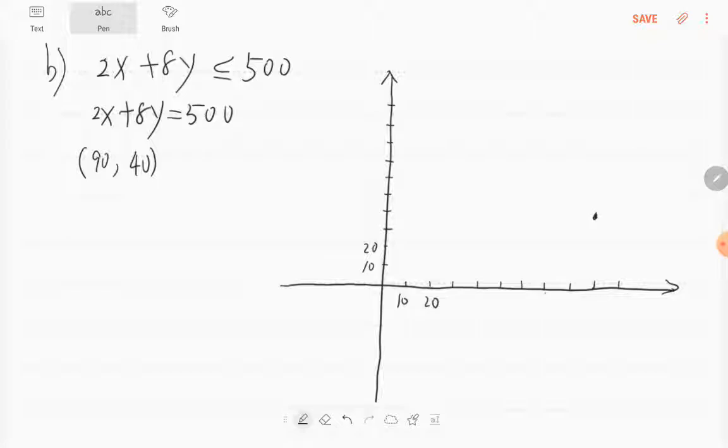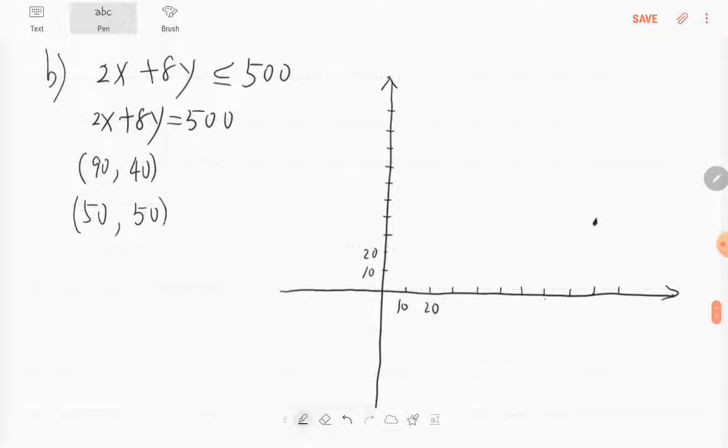And another point is if x equals 50, so 2 times x would be 100. 500 minus 100 is 400, divided by 8, so y is 50. So 50, 50.